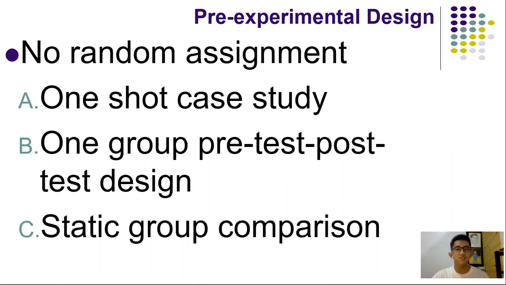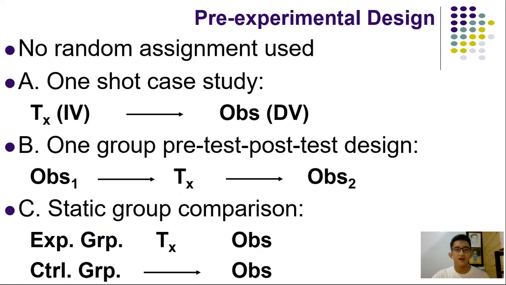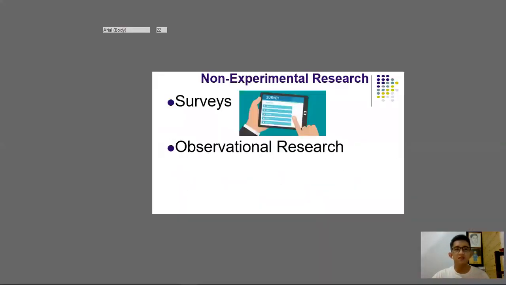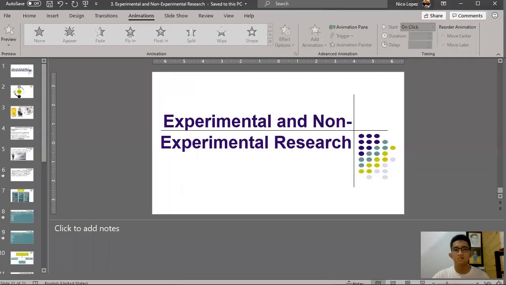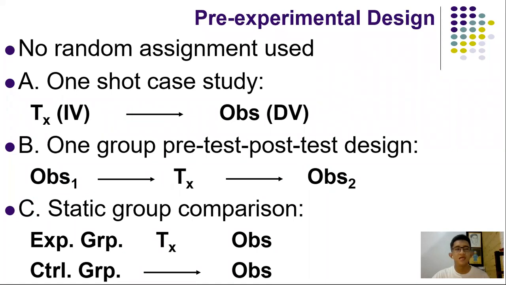Sa one-shot case study ay meron tayong independent variable at dependent variable. Dito, sa one-shot case study, ay magkakaroon ng experiment. Pagkatapos nun ay oobserbahan natin kung ano ang mangyayari.